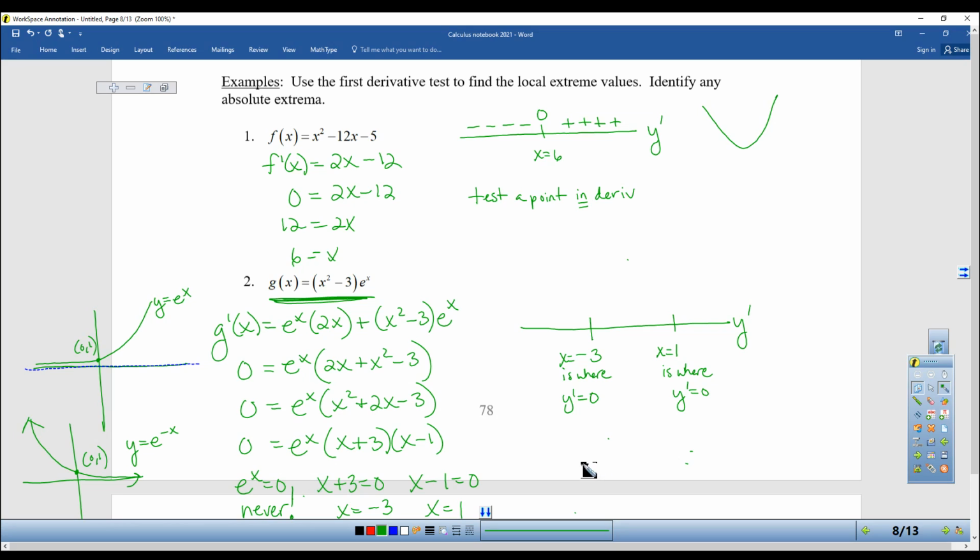So that means that they're like peaks. And before that peak, before it gets to that peak, the slope is either negative or the slope is positive. So we're just going to test a point. We want to know what the slope is, so I'm going to put it into the slope equation.